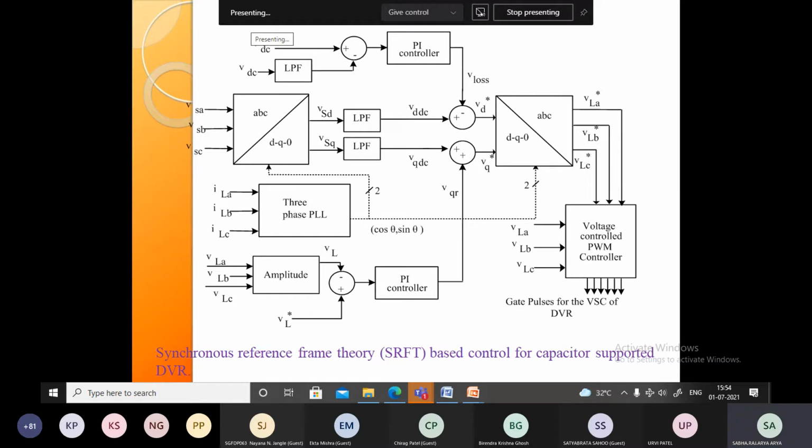Put an LPF, then you have the pure DC value. With the VD component, you subtract the output of the DC bus PI.